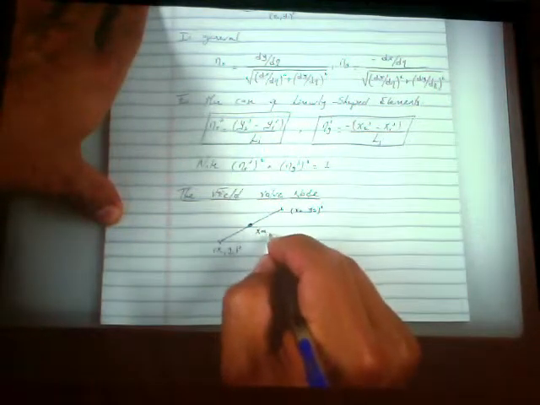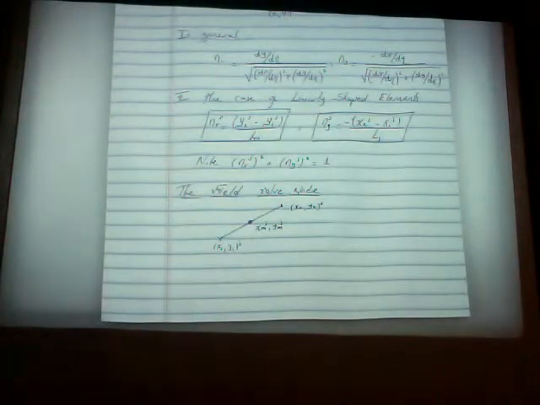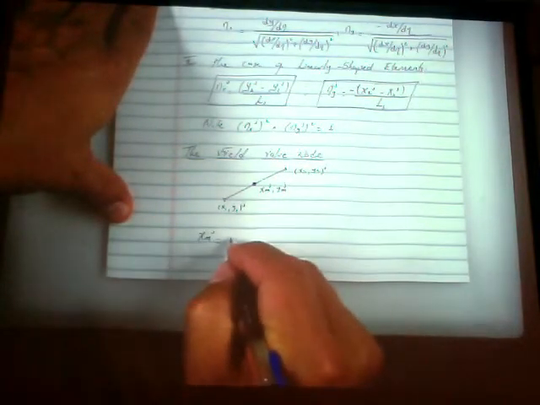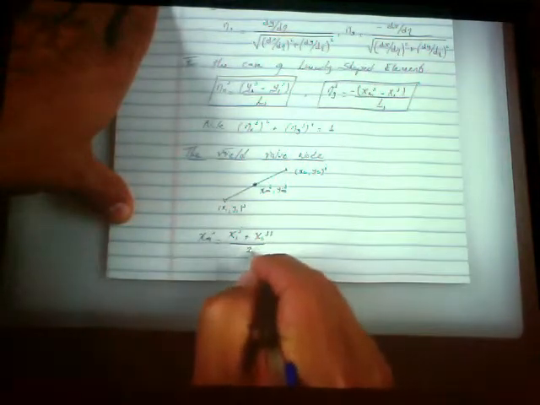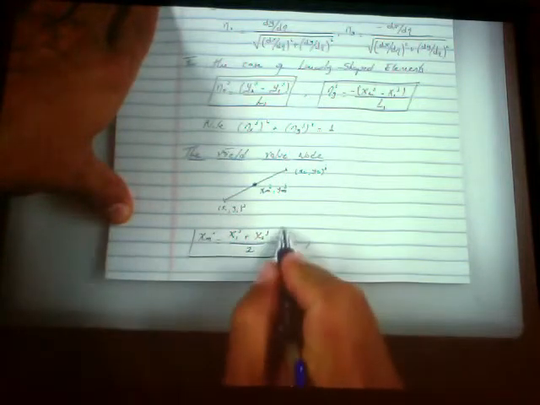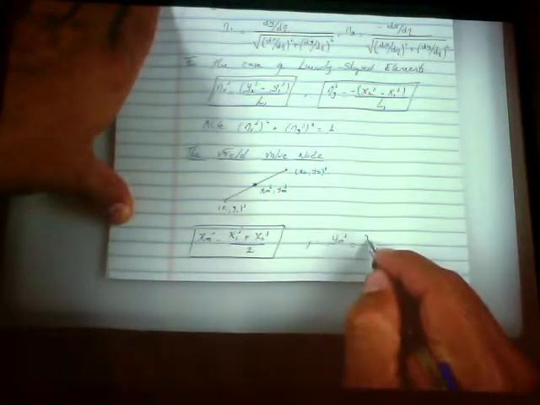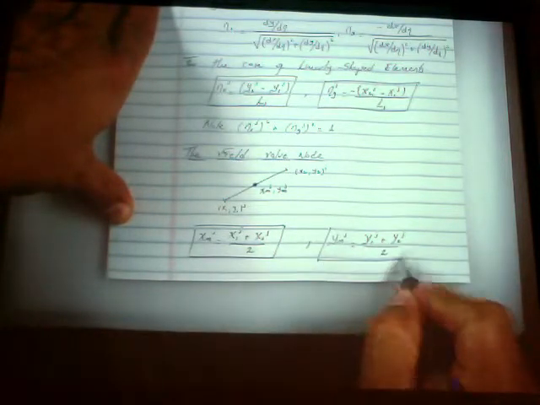And this is xm of j, ym of j. We can call it the midpoint, or we can call it the field value point. Xm of j is equal to x1 plus x2 divided by 2. Well, ym of j is equal to y1 plus y2 divided by 2.